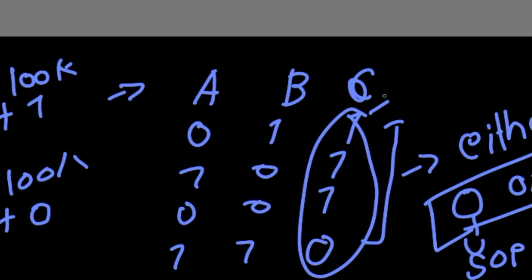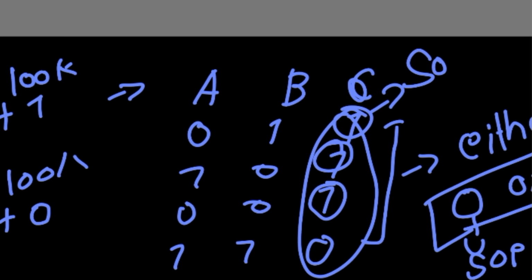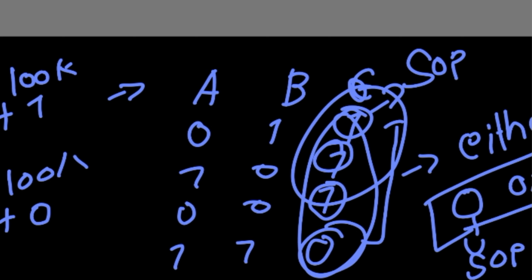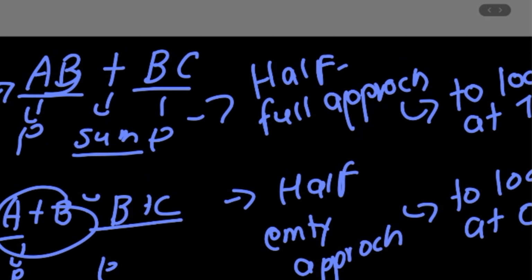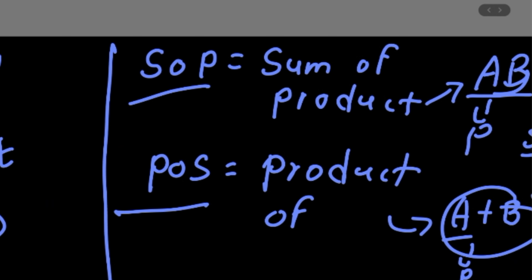When making a Boolean expression, what we did was look at the 1s and make a Boolean expression. That is SOP. That's what we are doing in K-map. In POS, rather than looking at 1, we look at 0. So SOP is just looking at 1 and making the expression out of it, whereas POS is just looking at the 0.